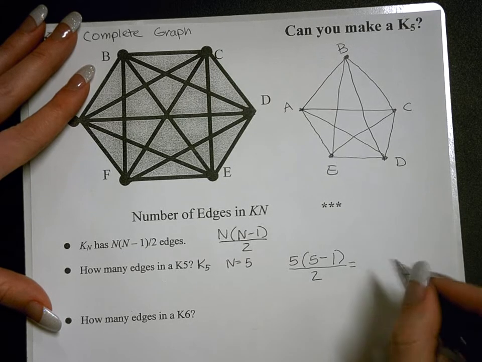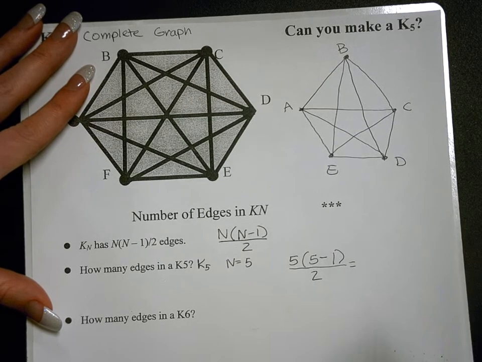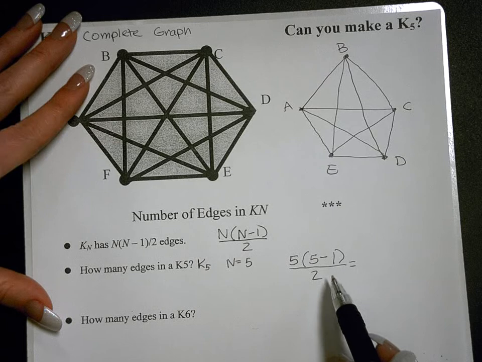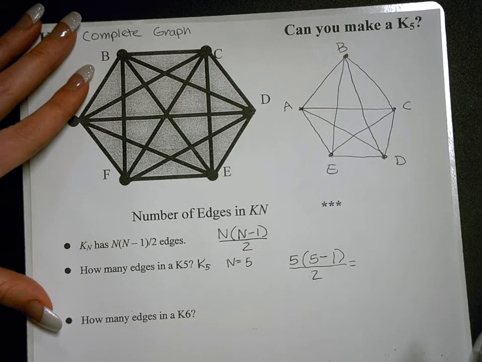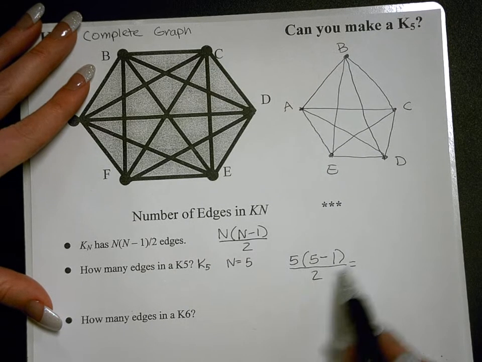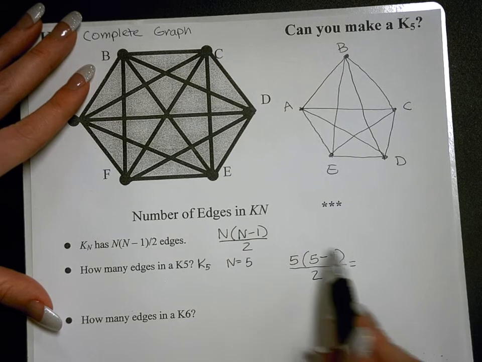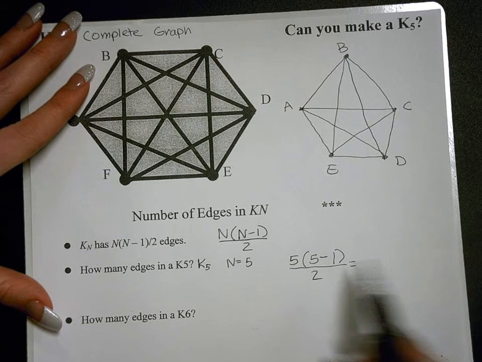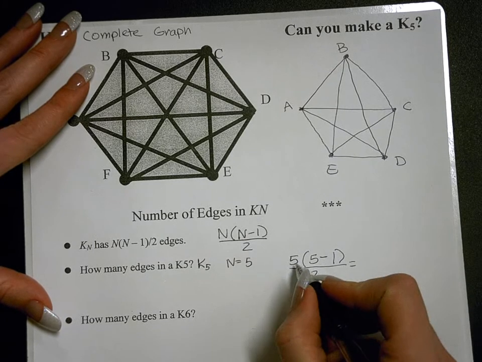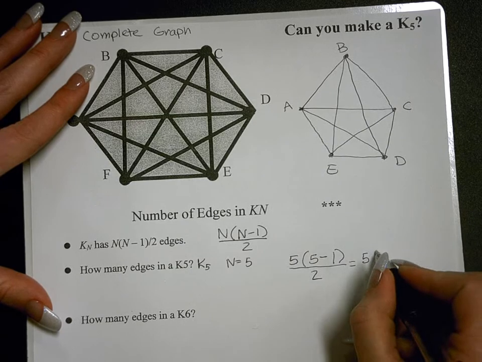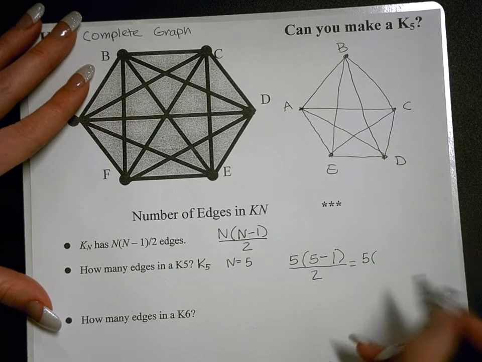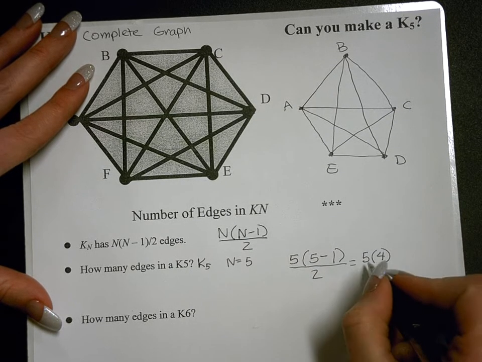Now I'm just going to use order of operations. Remember: parentheses, exponents, multiplication, division, and then addition and subtraction. We have parentheses here, so that's the operation we're going to do first. We're going to do 5 minus 1 and rewrite everything else. So 5 times, well, 5 minus 1 is 4, divided by 2.